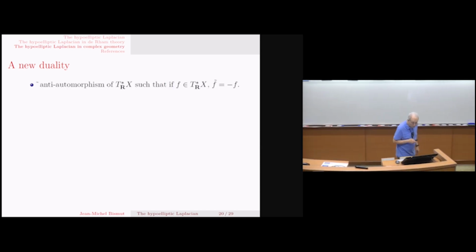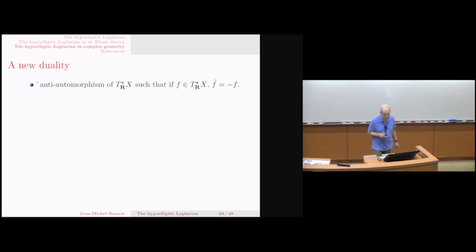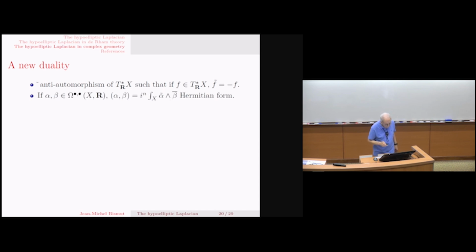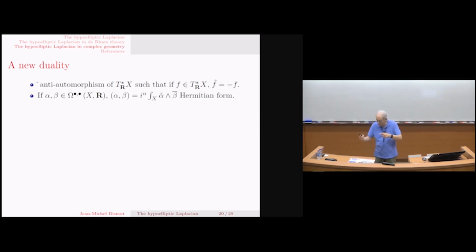So first of all, I introduce tilde, which is an automorphism of T*X that maps f, a one-form, into minus f. This automorphism can be extended to an anti-automorphism of the exterior algebra.